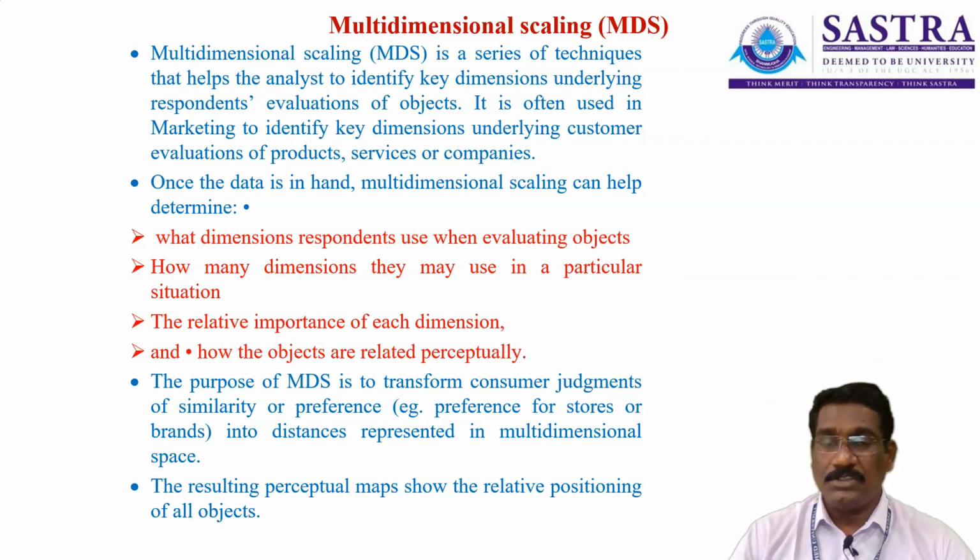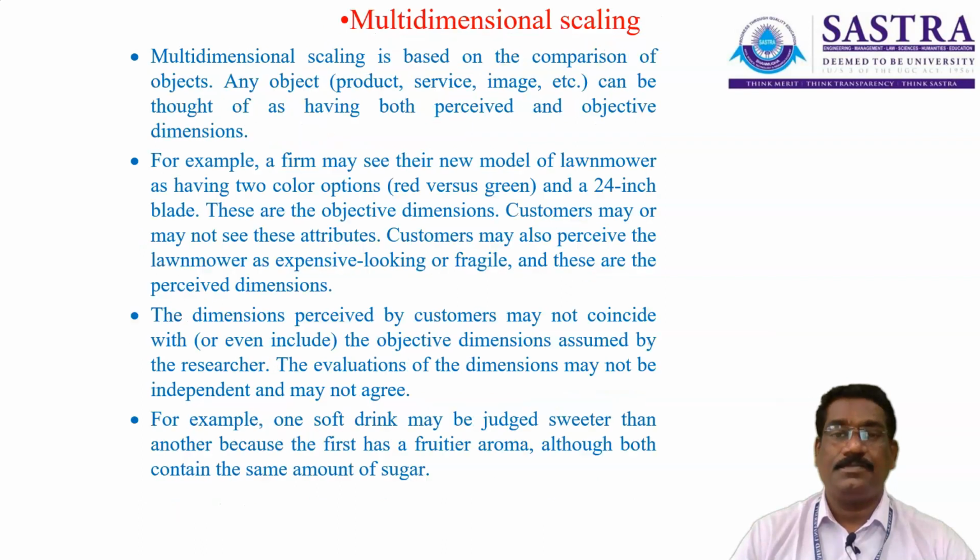The dissimilarity is caused by the distance of preferences. Clear? The resulting perceptual map shows the relative position of all objects. So visually we can see the clusters, how they are departed, and on what dimensions they have been perceptually evaluated. All that can be captured using multidimensional scaling.